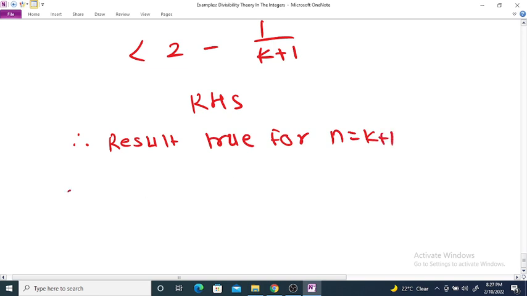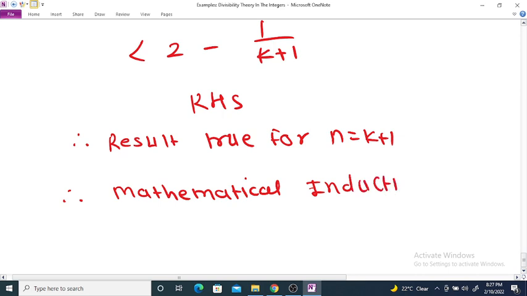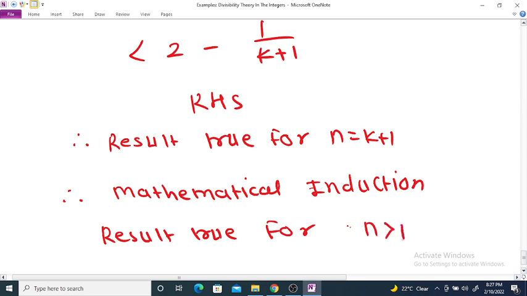Therefore, by using the first principle of mathematical induction and the above 3 steps, we can say that the result is true for every n greater than 1.